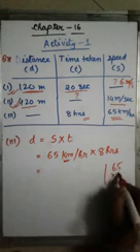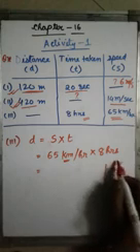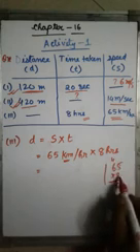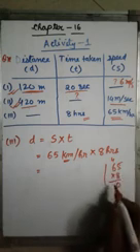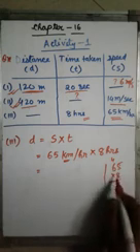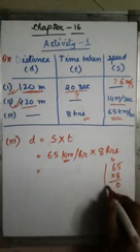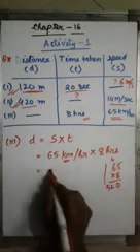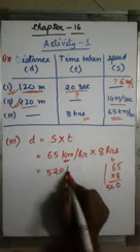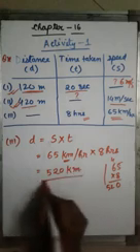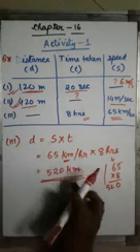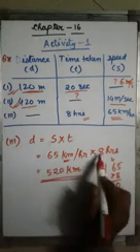65 into 8. 8 into 5 is 40. 8 into 6 is 48. 48 plus 4 is 52. So it is 520 kilometer. Unit of distance, unit of length is kilometer.